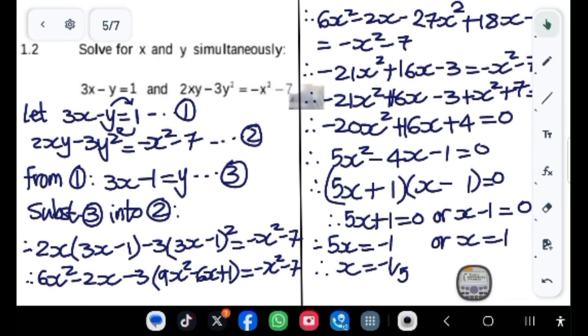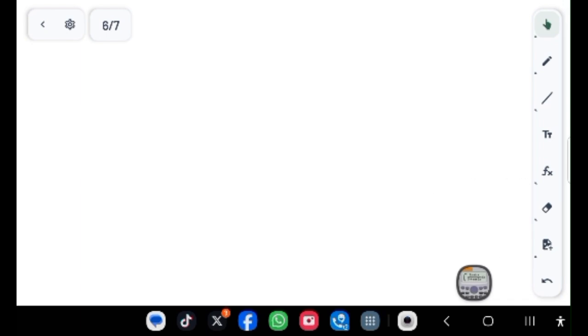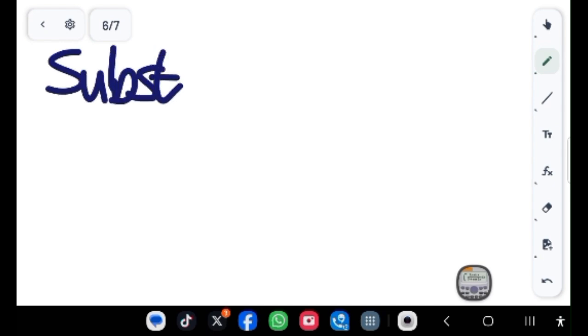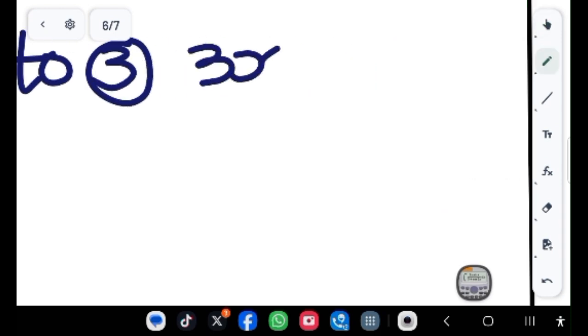Now we substitute all this back into equation 3. So equation 3 is 3x minus 1 equals y. Substitute into 3. And remember, equation 3 is 3x minus 1 equals y.